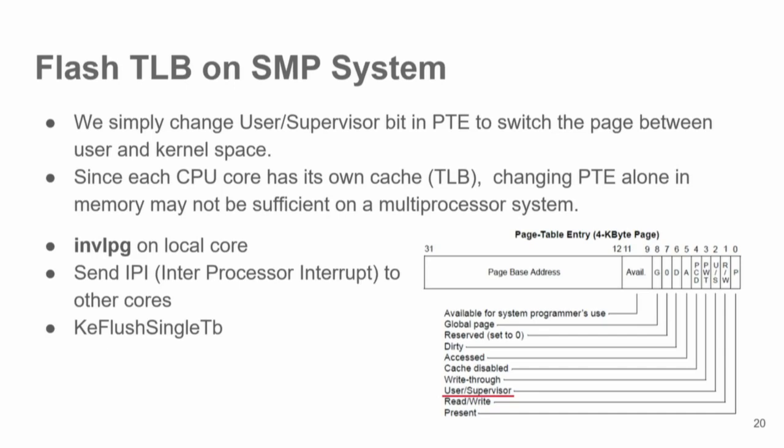On the local core, we just issue an instruction. But we also need to send an inter-processor interrupt to all other cores. But in this case, we took a shortcut. We just call a Windows internal function, KeFlushSingleTb, to do that for us, and it works.